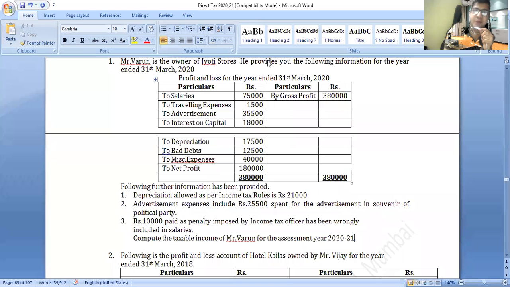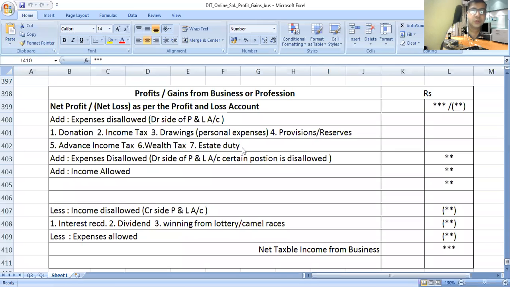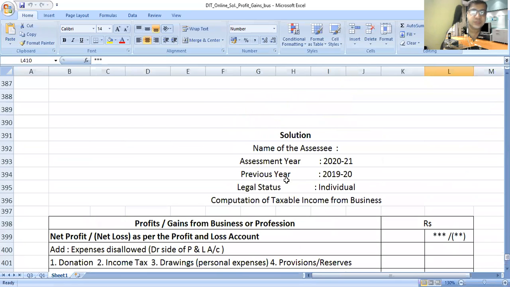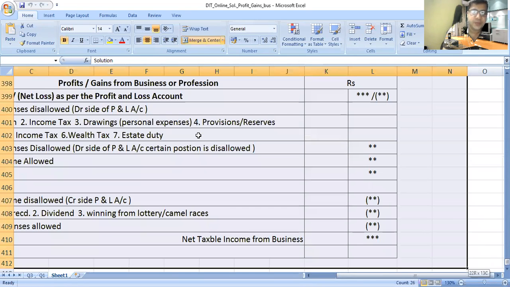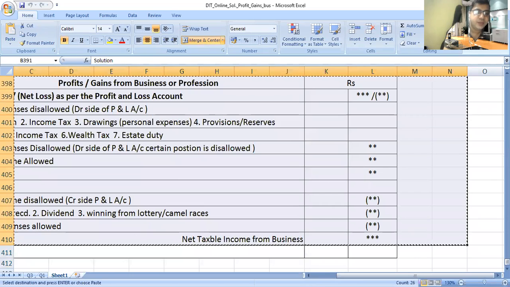Now, how we will calculate that we are going to learn today. Now friends, we will apply the same rules.